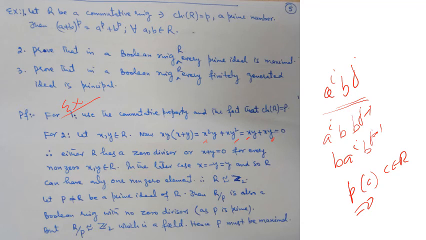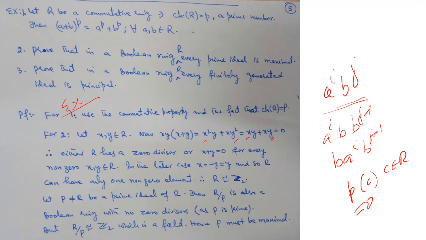That means x is a 0 divisor. Or if we take y here, x here, because this ring is commutative, so y into x(x + y) equal to 0, y is non-zero, x(x + y) is non-zero, means it's again a 0 divisor. So this means that either R has a 0 divisor or xy equal to 0, x + y equal to 0.